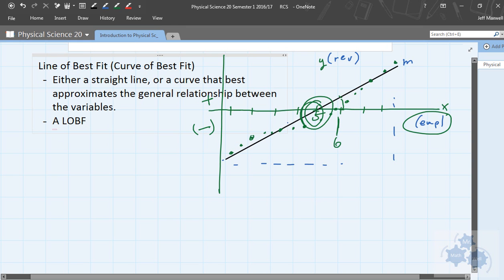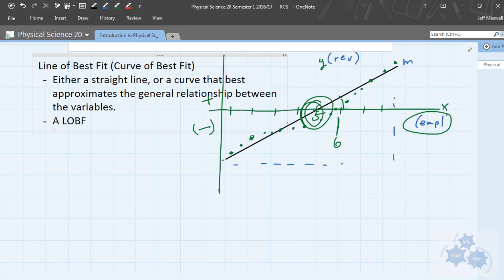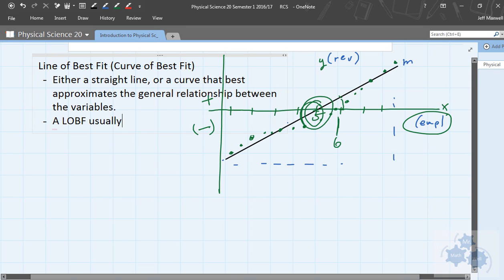A line of best fit, and you can do the same if you don't want to write it, usually has, and this is what I'm going to put, the same number of points above the line as below the line. So that's a good gauge to see if you're going through all of the points.